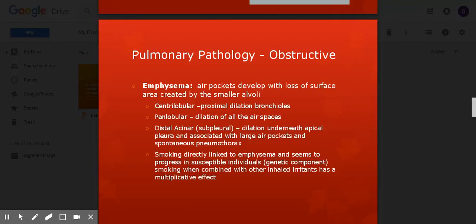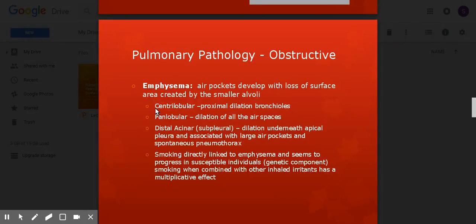We're now going to discuss emphysema, which is the development of air pockets and a loss of surface area as a result of the destruction of the smaller alveoli.